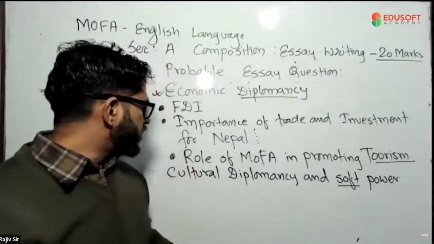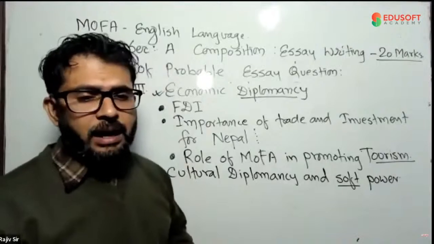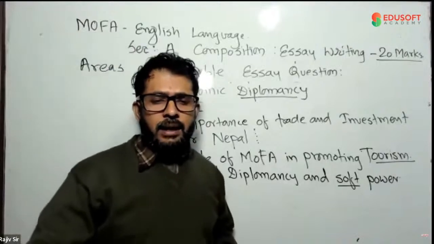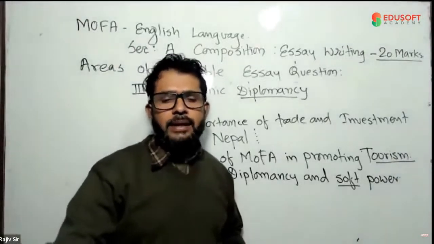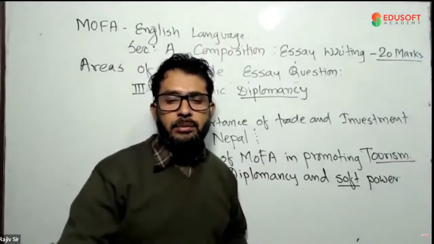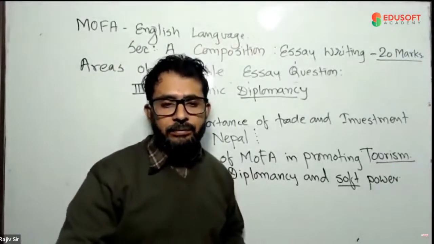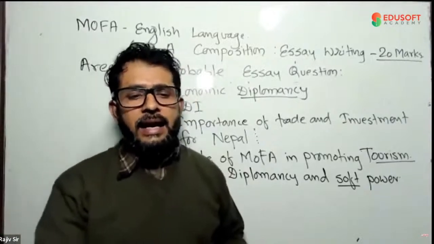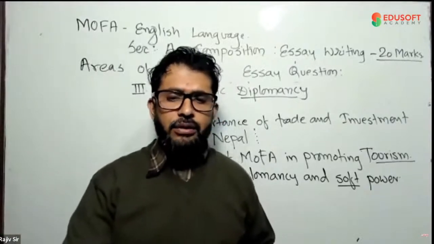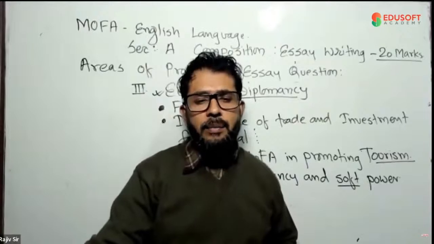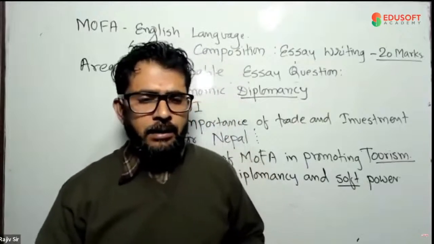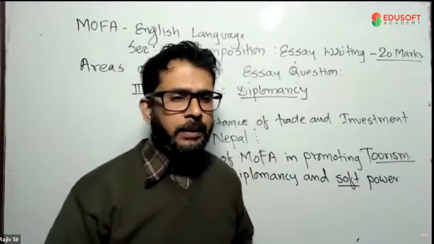These are the areas, 4 areas I have told you. Current global issues we have already discussed over here, so if the question is asked from there, you can easily answer. Like that, Nepal diaspora and remittance is also another area. Diaspora means, you understand? Nepali diaspora.